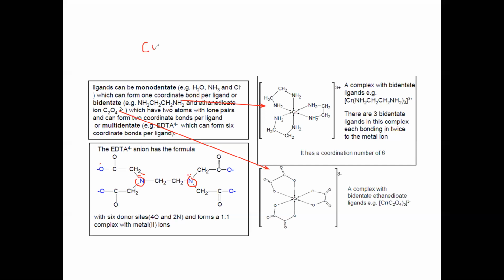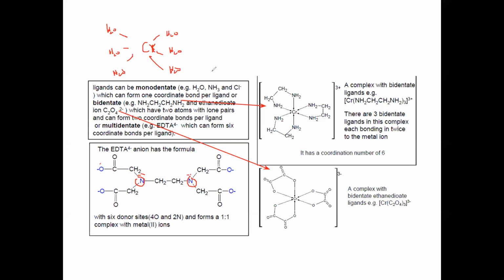So if the coordination number is 6 and it's a monodentate ligand, how many ligands will be attached? 6 will be attached: 1, 2, 3, 4, 5, 6. So 6 ligands can attach.